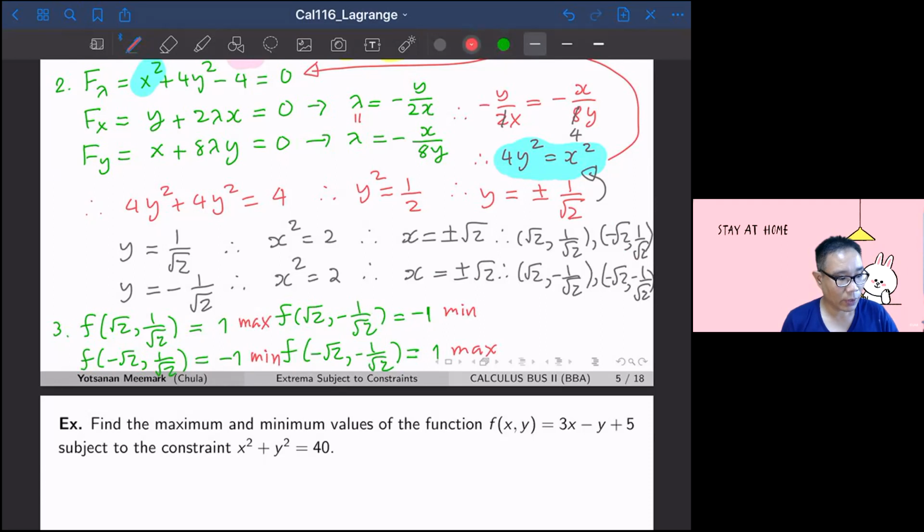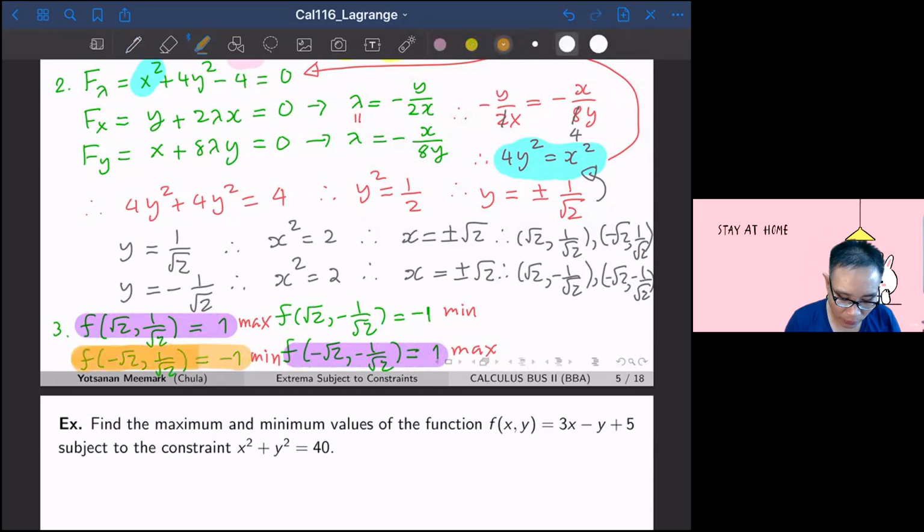And this one will be the final answer: you're gonna have maximum at these two points, and you're gonna have minimum at the other two points respectively. Okay, so that will be the final answer.